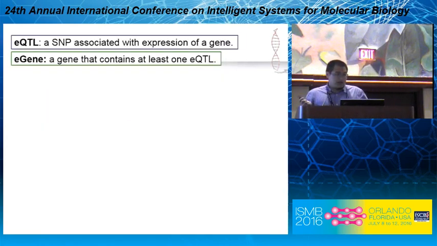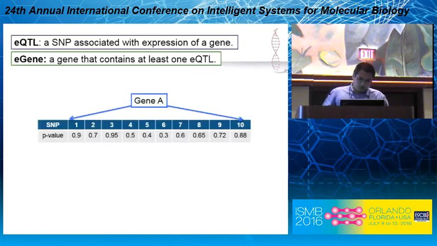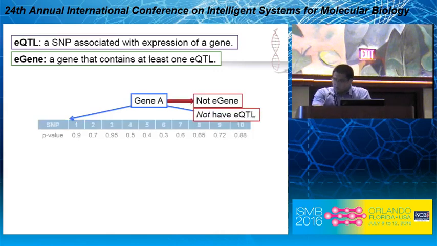So here's the definition of eQTL and eGenes again. Here's an example, and this slide is important. Suppose you are testing 10 SNPs with respect to gene A. For each of these SNPs, you compute the p-value for the linear regression coefficient.